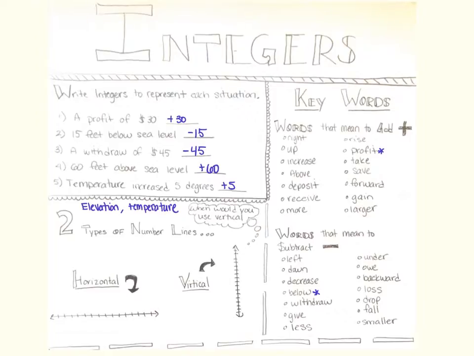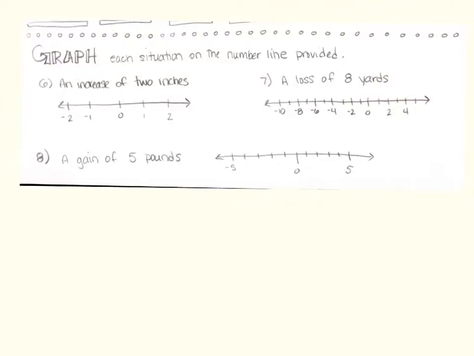Go down to the bottom section of your notes. Here's where you're going to graph each of those situations. Here you're just starting at 0 and you're going to model with the line that you already know how to model in order to graph the situation. So look at number 6, an increase of 2 inches.